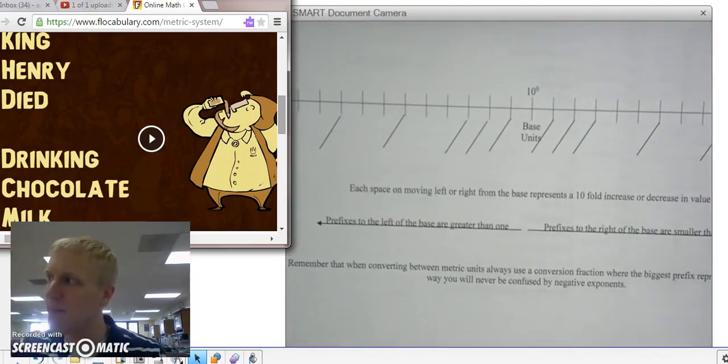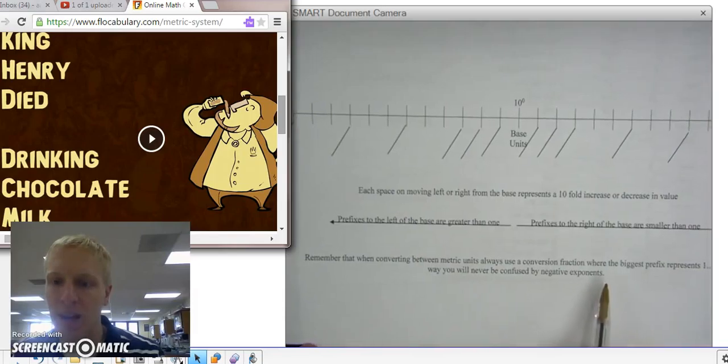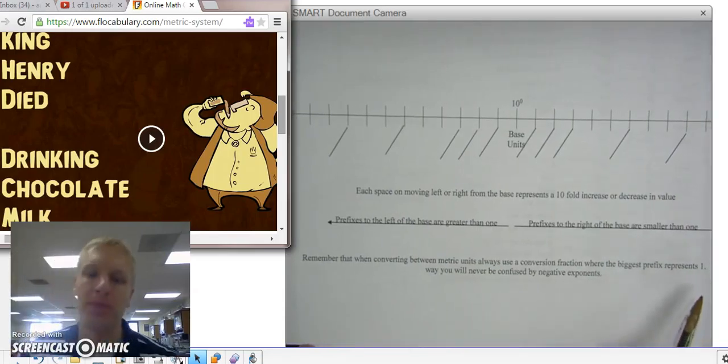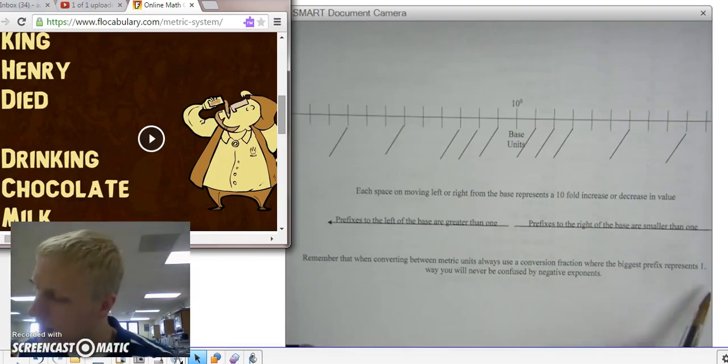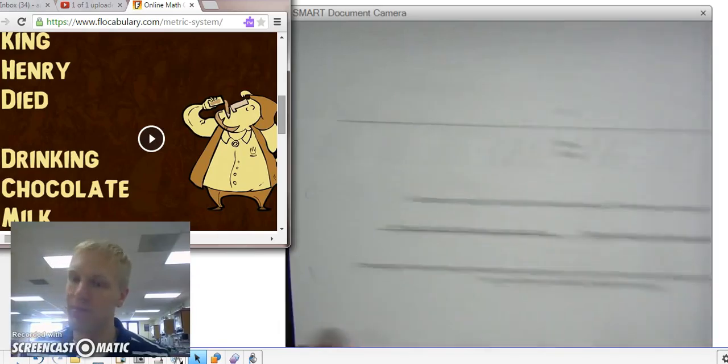It says, remember that when converting between metric units, always use a conversion fraction where the biggest prefix represents 1. This way, you will never be confused by negative exponents.